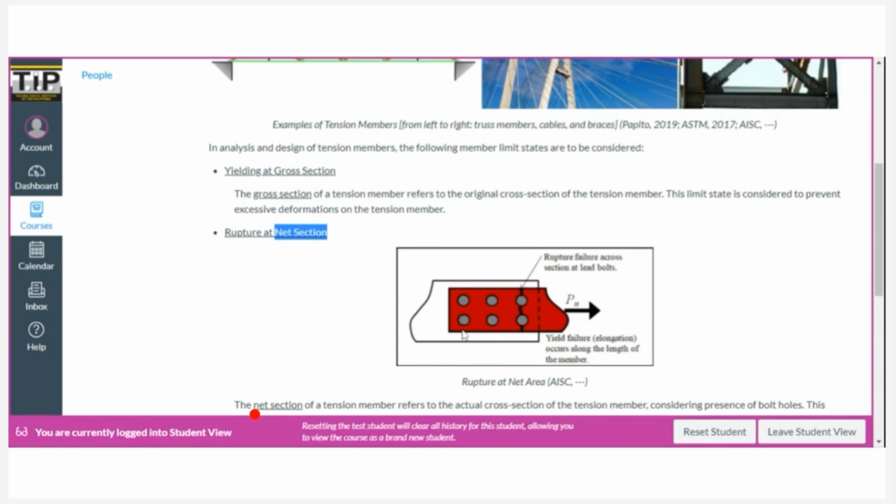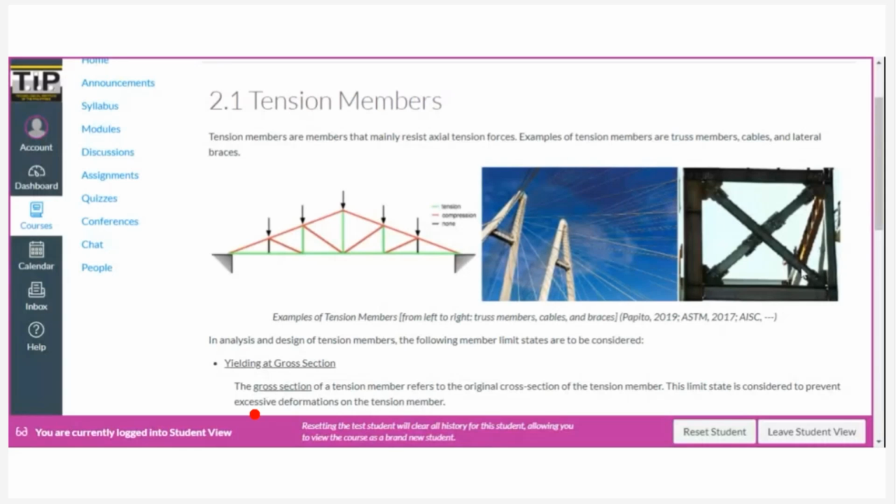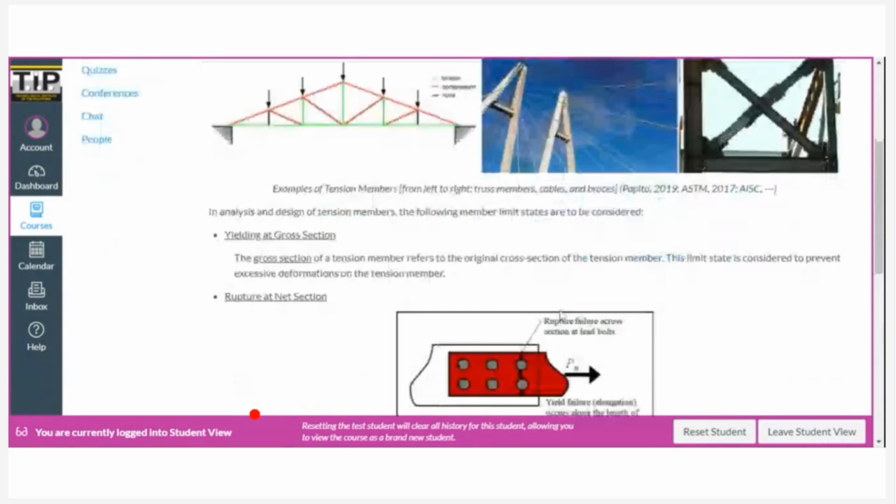So you will be able to observe the connection part if there is only rupture, if a failure here is developed. Unlike in the no connection part right here, since this one is longer, there will be more deformation. So therefore, you can actually observe yielding at this portion. That's why we do it this way. Okay.